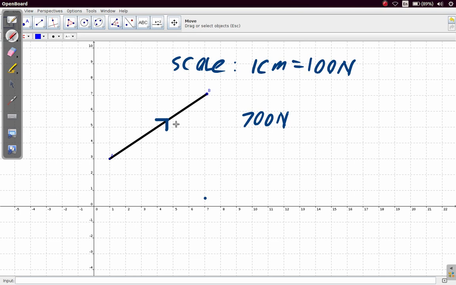So I draw it 7 centimeters long, so that each centimeter represents 100 newtons, and therefore 7 centimeters represents 700 newtons. So therefore I write my 700 newtons on this vector. Alright?